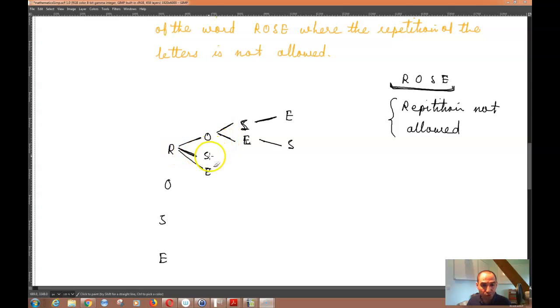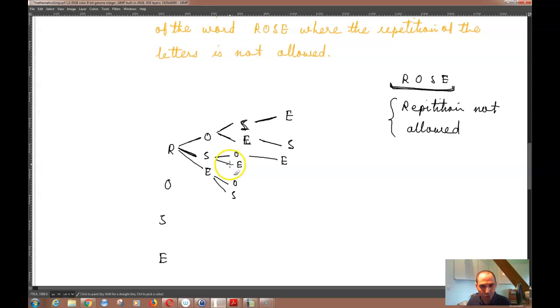Again, over here you have chosen R and S. So the only thing that remains is O and E. So you can choose either O or E, for example. Over here you have chosen R and E, so the only thing that remains is O and S. And then over here, now you have chosen R, S, O, and so the only thing that remains is E, for example.